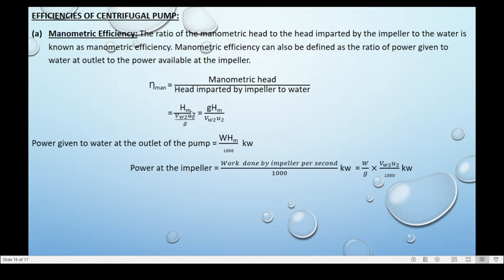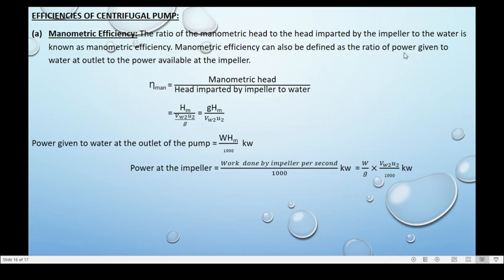So this is your Hm, the manometric head, divided by the head imparted to the water, which is Vw2 into U2 divided by g. So we have g Hm divided by Vw2 into U2.